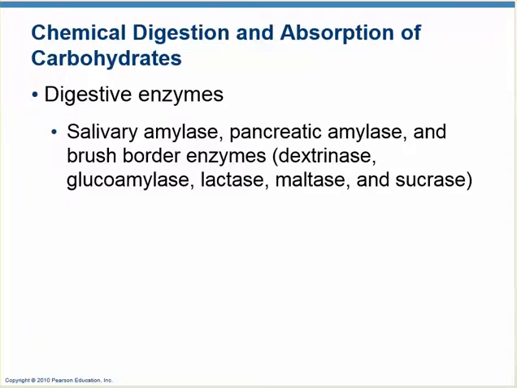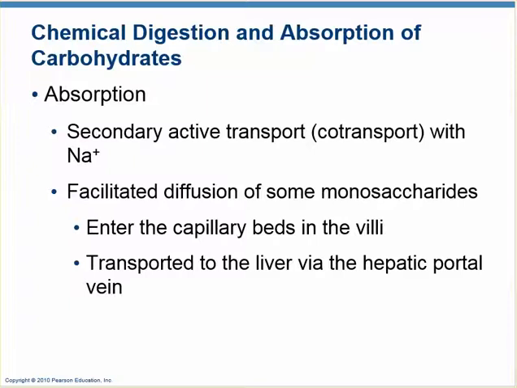They get absorbed into the bloodstream, right? And they get absorbed, co-transported with sodium via secondary active transport. There's some facilitated diffusion, and then these are all carried to the liver, where they are dealt with. Some of them are allowed to stay in the bloodstream.